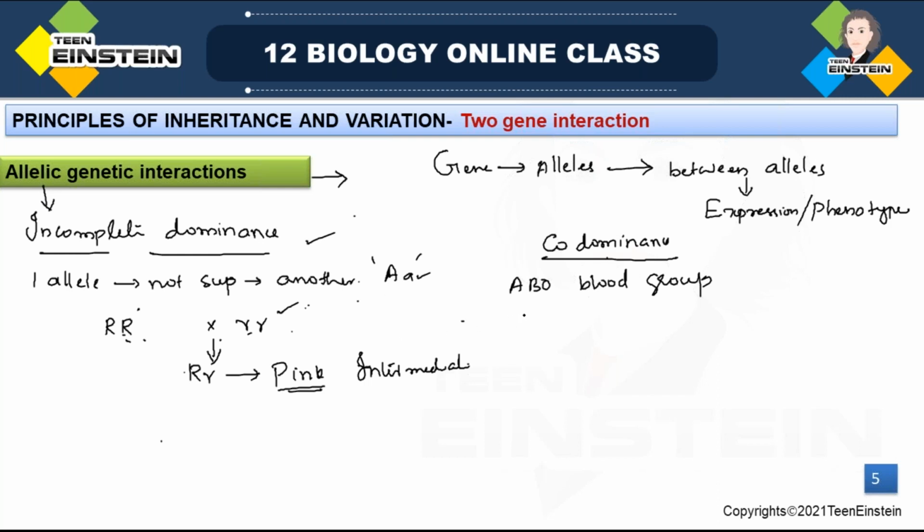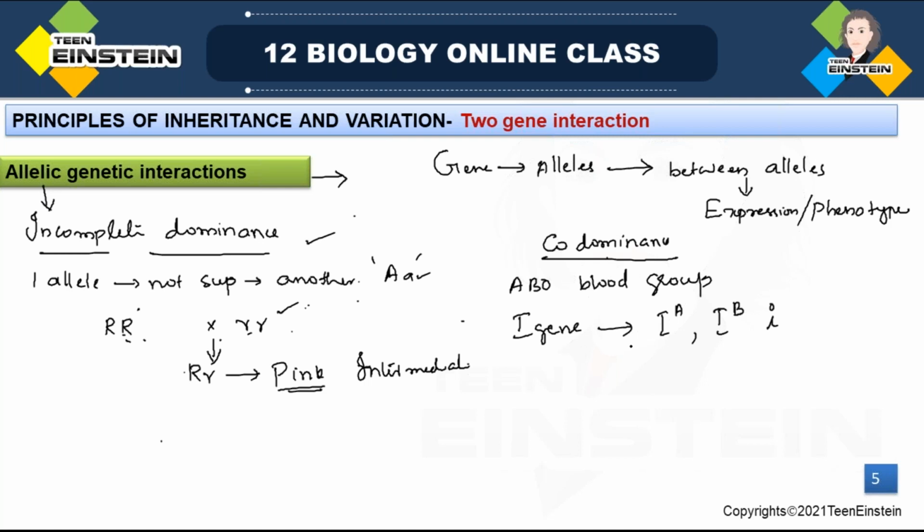Which gene is controlling the blood group, the blood sugar present on the surface of RBC? The I gene is controlling. This I gene has different alleles: IA, IB, and there is a recessive allele, small i. Different combinations of these form the different blood groups.